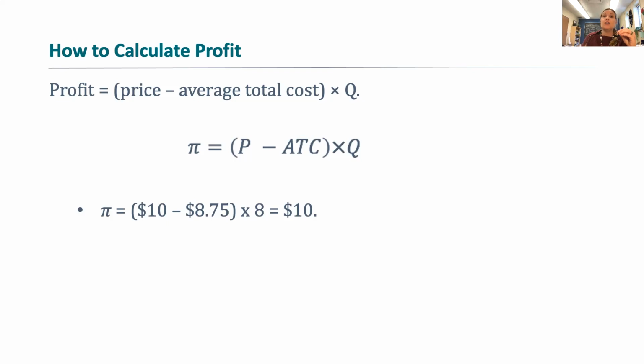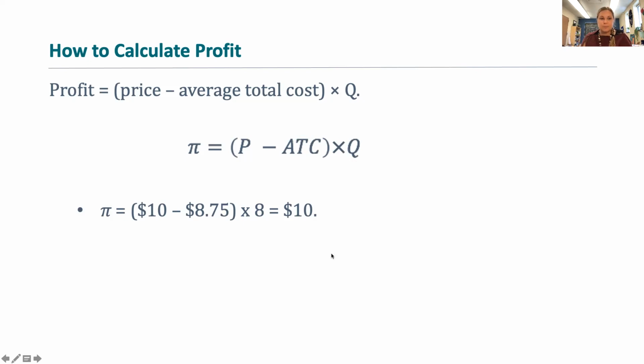That's my per unit profit. So if I want to calculate total profit, I would take that number, price minus average total cost, and then multiply that number by the quantity that I've produced. That's where this equation comes from. The little pi symbol represents profit, and it's saying that profit is equal to the difference between my sales price and my average total cost at any given unit times the number of units I've produced.